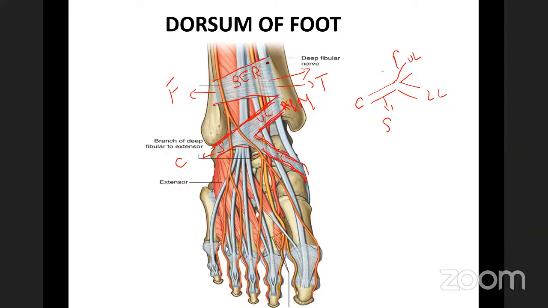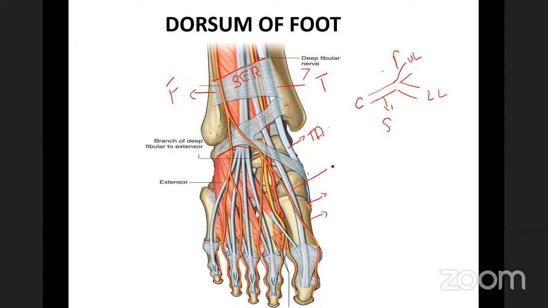Now, since we're discussing the dorsum of the foot, we will quickly discuss the tendons we have already studied. The tendon here, which is the tendon of the extensor compartment of the leg, attaching to the base, inferior-medial aspect of the first metatarsal, is tibialis anterior.